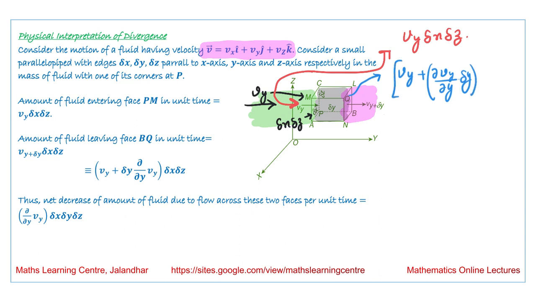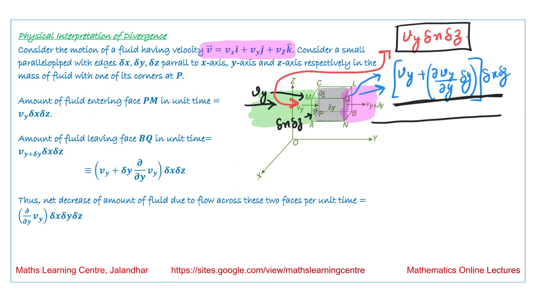So, the amount of fluid leaving from this side is that velocity into delta x into delta z. The area is the same, since it is a parallelopiped. So, from these two results, this is the volume of fluid entering, and this is the volume of fluid leaving from this side. The change in volume is given by del vy by del y into delta y delta x delta z.